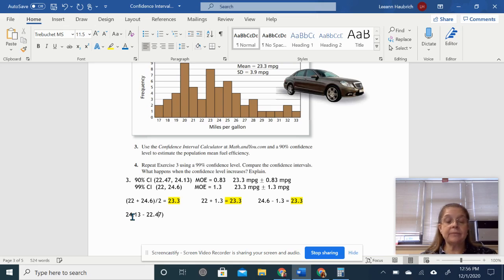And I'm going to put all of that in here because I want to get the difference first. And then I'm going to divide that difference again by 2. So first I want to get the difference, 24.13.